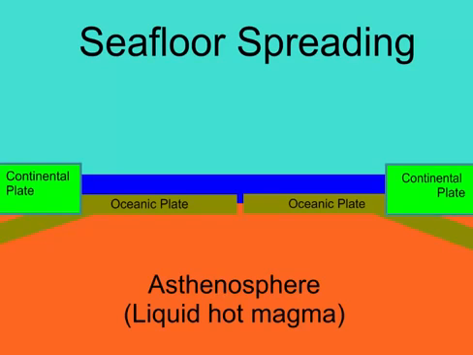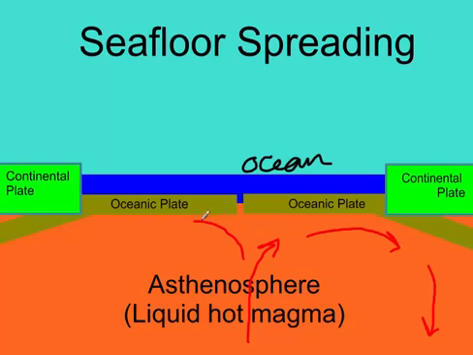The second type of divergent boundary is seafloor spreading. So here you can see we have continental plates and the oceanic plates that are sitting beneath the ocean, obviously. What's happening is these oceanic plates are being pulled through convection currents that are deep in the asthenosphere. So the asthenosphere rises, moves to the side, and falls.